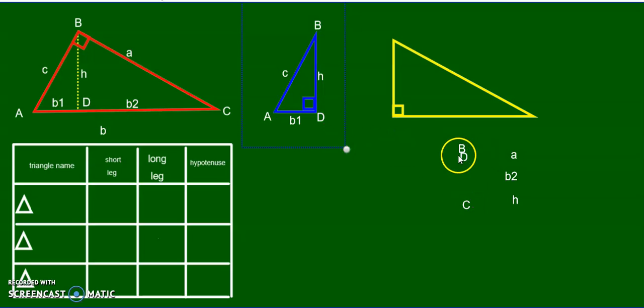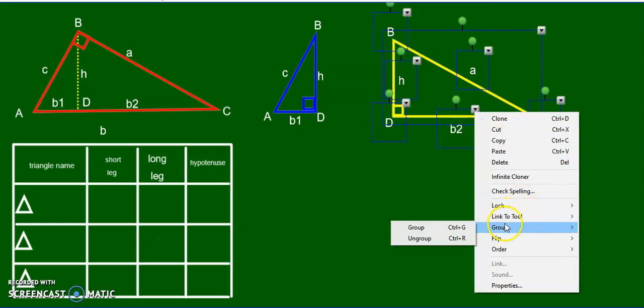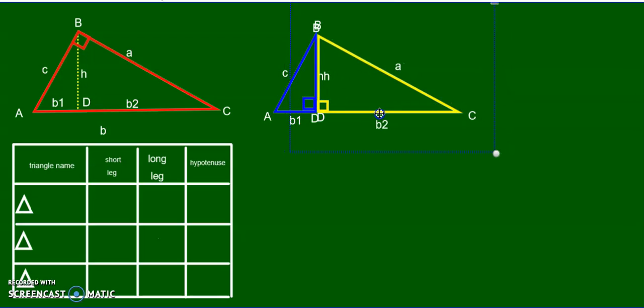So this one is D, this is B over here, this is C. The hypotenuse is A, so that's A. The height is H, and this is B2 here. Let's group all that together. Okay, there you go. So this is what we have.